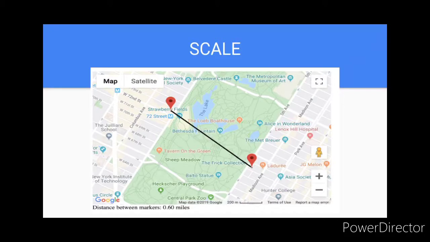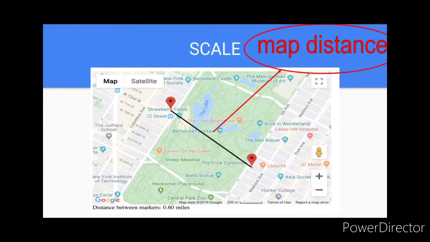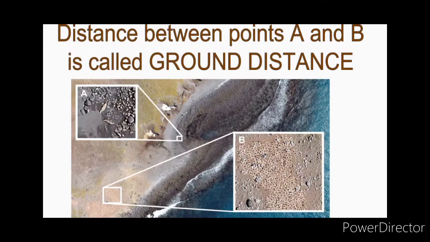Now when we draw a line that connects 2 points on the map, the distance between those 2 points is called the map distance. This black line that you see, which is joining the 2 points, is called the map distance. And the distance between point A and point B on the ground is called the ground distance.